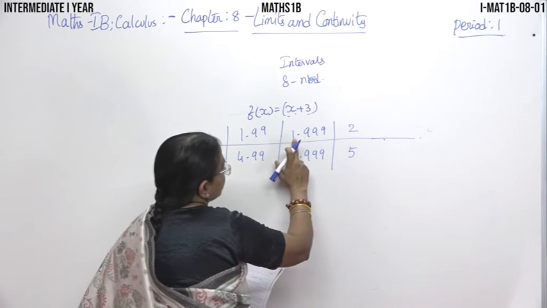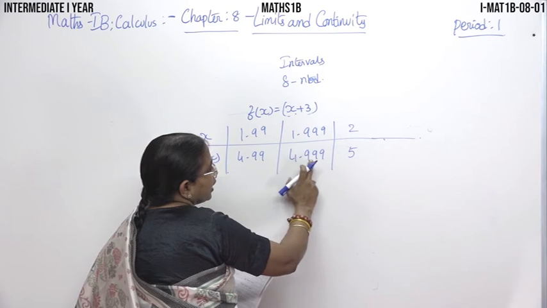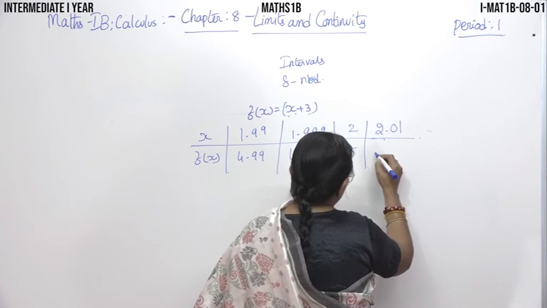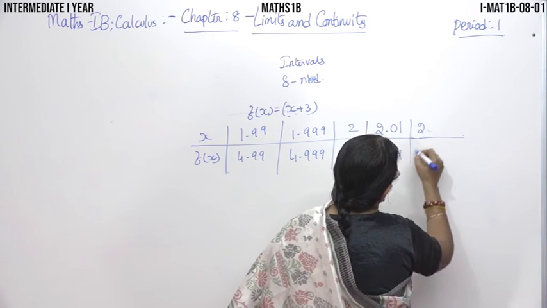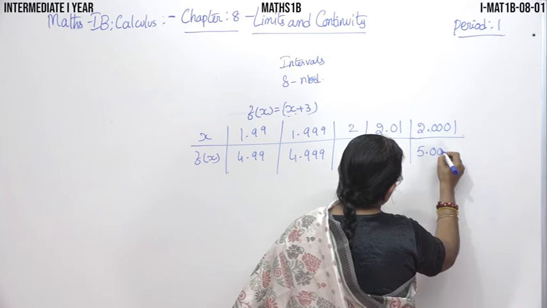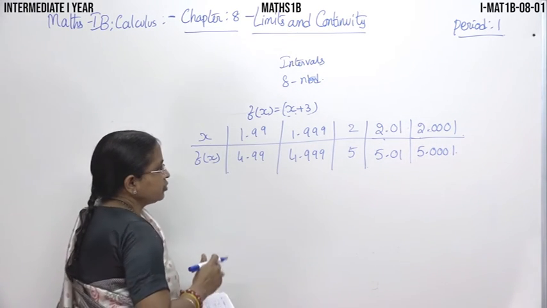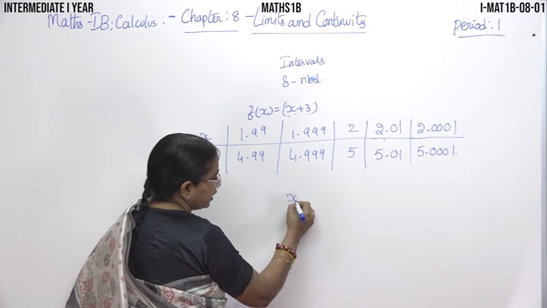When you put x as 1.999, it is 3 plus 1.999, which is 4.999. Now suppose I take 2.01, then it is 5.01, and if I take 2.0001, then it is 5.0001. Now we'll take this table. Now if you see, we have x value as 2.